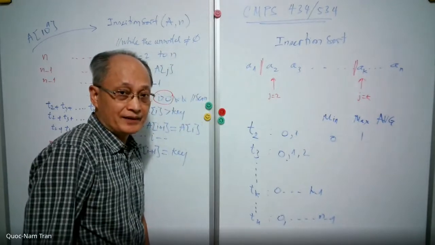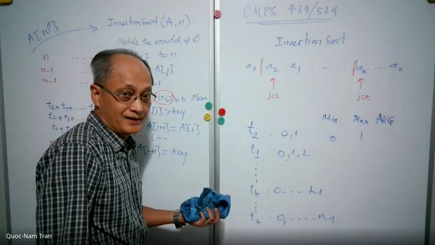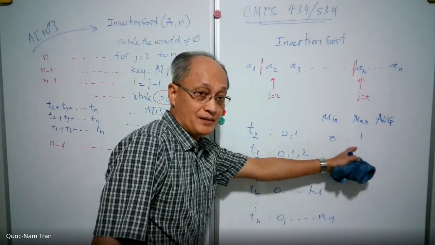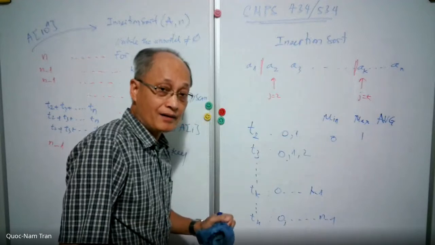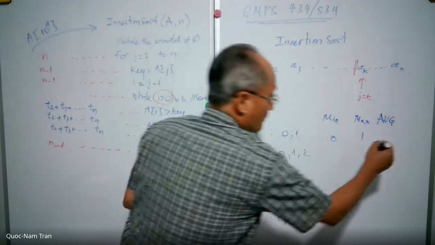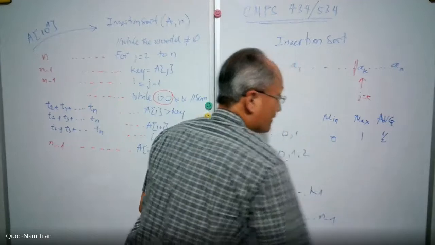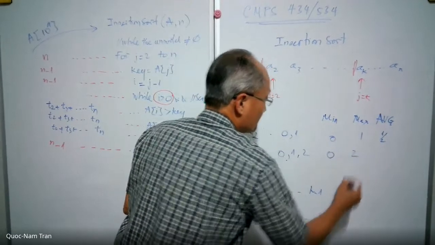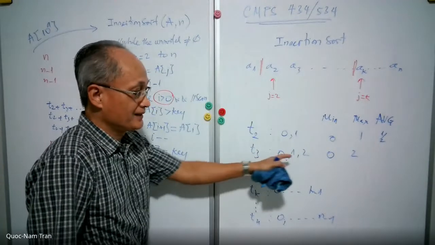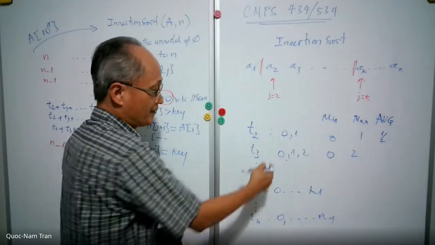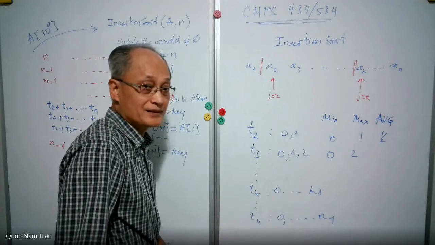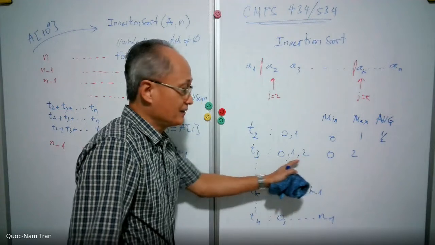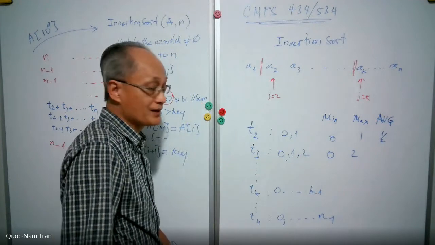What is the average? The minimum value plus the max value divided by the number of cases, which is 1/2. Here we have 0, 1, 2, so 3 cases, and we take the minimum plus the max divided by the number of cases, right?